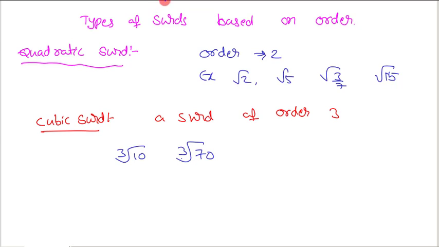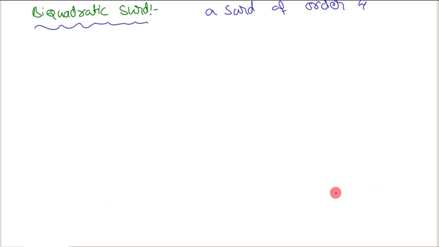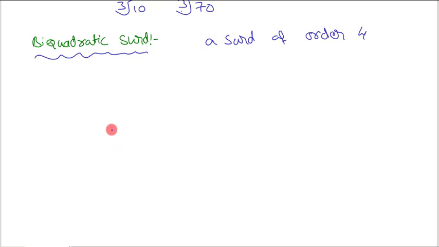Next type is the biquadratic surd. Biquadratic surd means a surd of order 4. Example: 4th root of 3, 4th root of 7 and 4th root of 9.